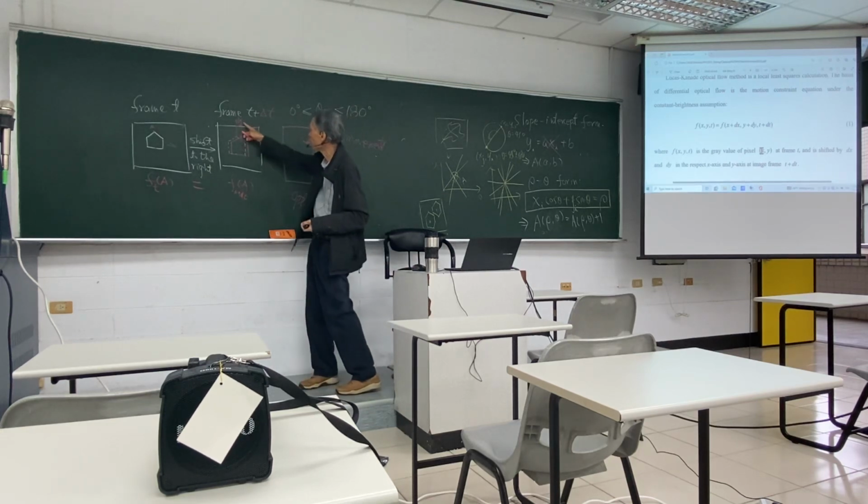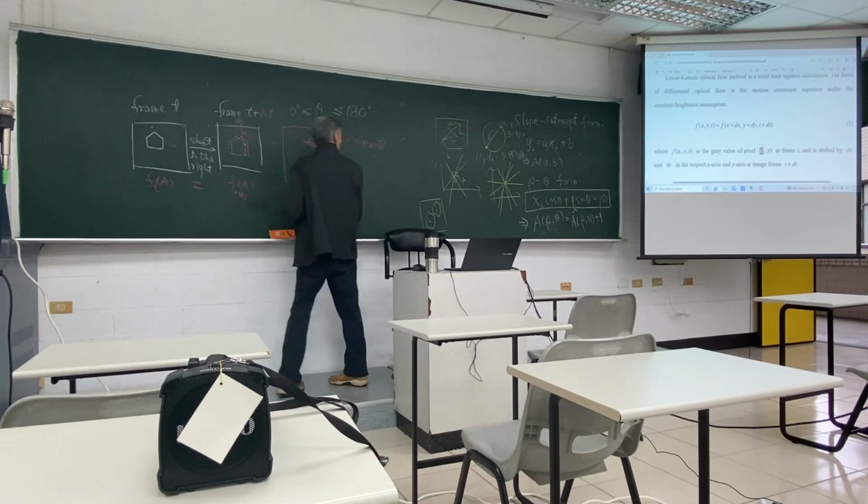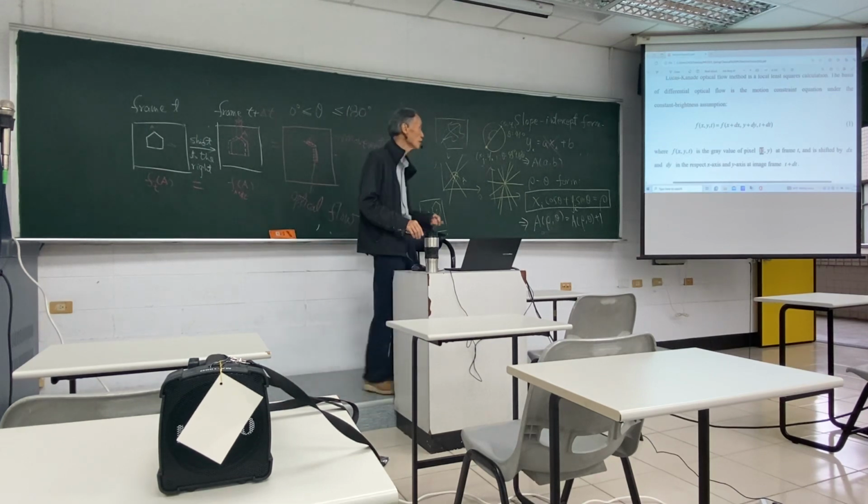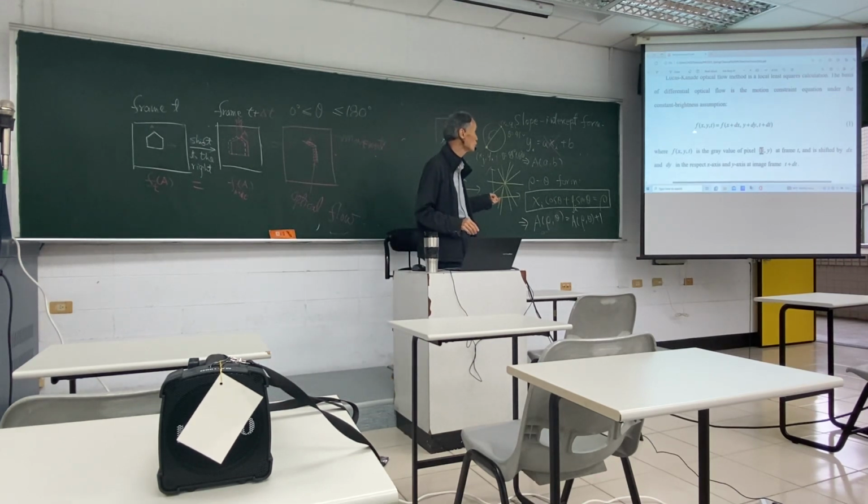So this is the equation we have. This is the motion constraint equation under the assumption of constant brightness, or constant intensity, so the gray value is the same.